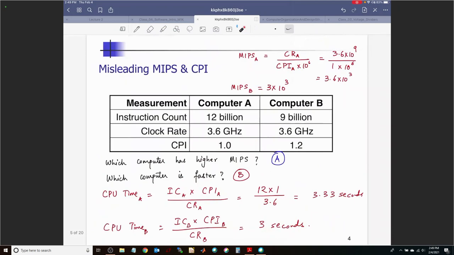And now clock cycles per instruction are actually better for computer A, but computer B works out to be faster. So you cannot just base things off of MIPS or CPI. Your best way to comment about faster or slower or comparing performance is CPU time.